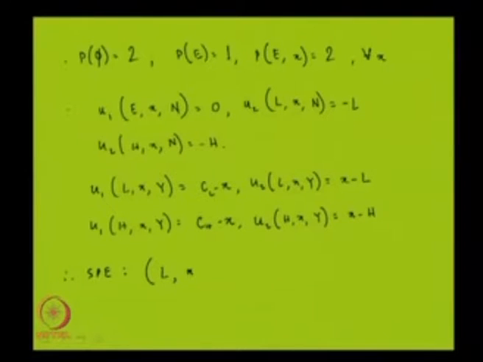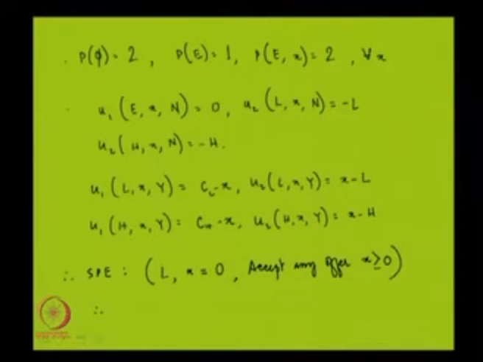In the second stage, when player 1 is making an offer, he is going to make an offer x is equal to 0 to player 2. And what is the strategy of player 2 in the third stage? Accept any offer x which is greater than or equal to 0.